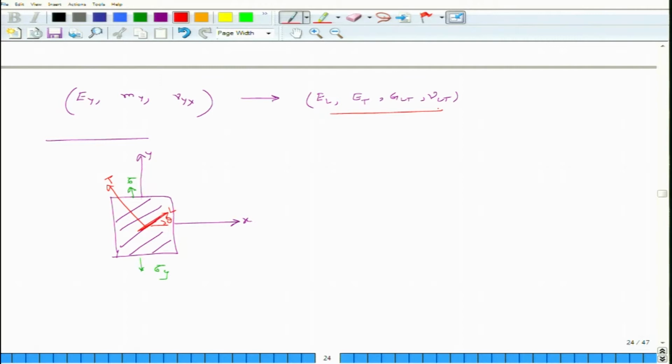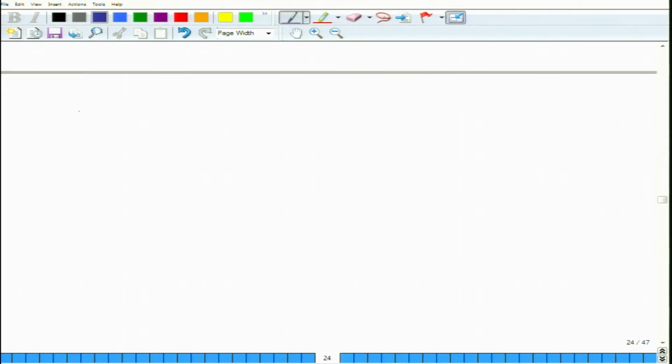All the other steps are very much the same, so we do not have to repeat them. I will directly write down the relations. The first relation is for Ey, Young's modulus in the y direction.